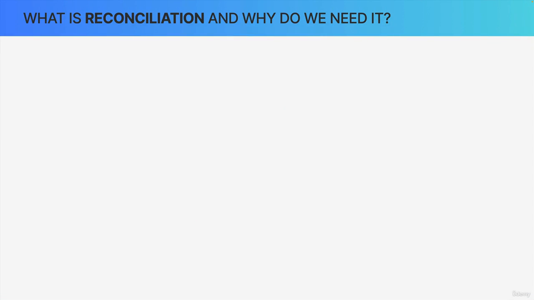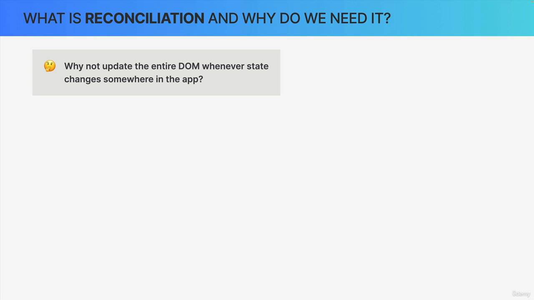So you might be wondering, why do we even need stuff like the virtual DOM, a reconciler, and those fiber trees? Why not simply update the entire DOM whenever state changes somewhere in the app? Well, the answer is simple.